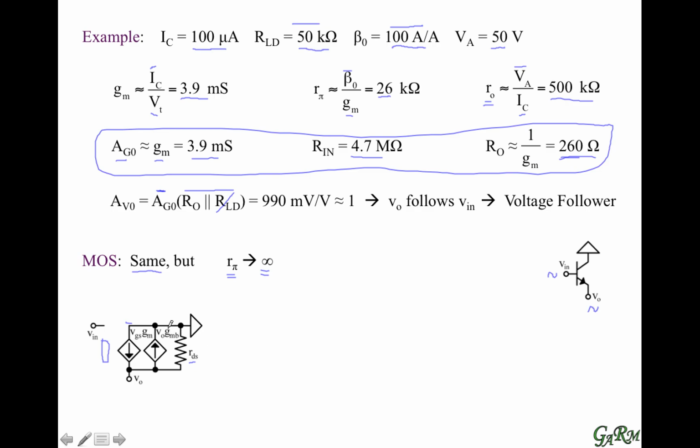The other difference is that we have a GMB current here. Now, usually what we have there is VBS into GMB, and the current is going down. But the body here usually has no small signal variation, so that's equal to minus the source voltage.